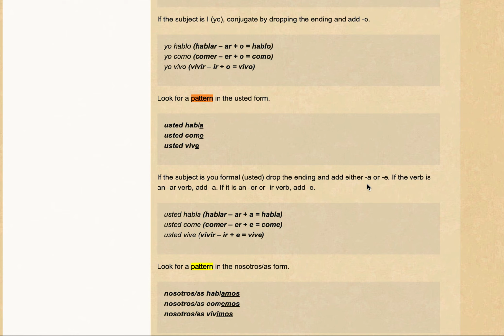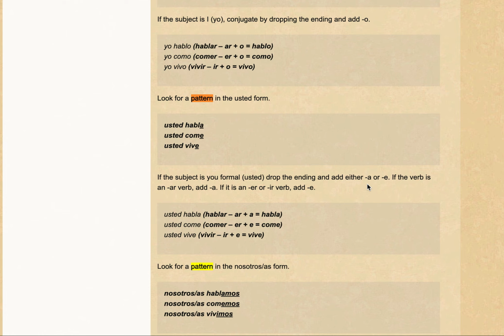Comer is definitely not AR. It ends with ER. Vivir ends with IR. Hablar ends with AR. And then you add an A. So AR, you add an A, which makes sense, right? A is in AR, so AR adds A.